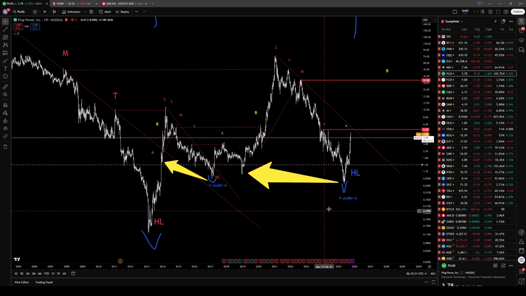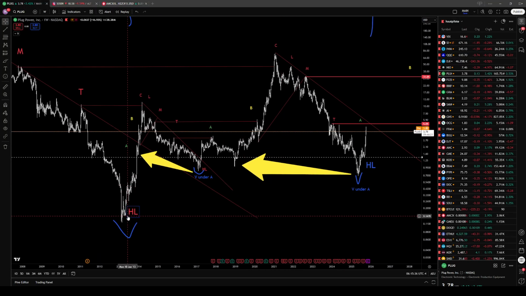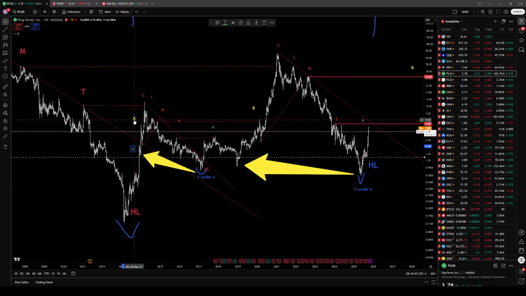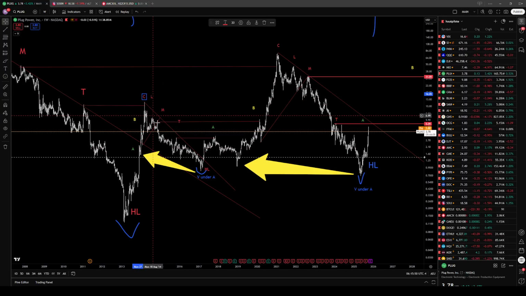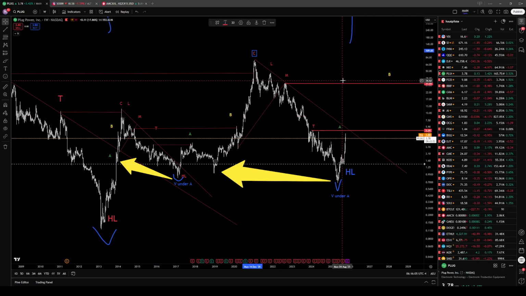For what happened next, for the even smaller tracking, you have here your little A, your little B with the pullbacks, your lower peak, then again lower high, midpoint, T. Here you have your V under A, and then again higher low, A, B, and then you have a higher peak.